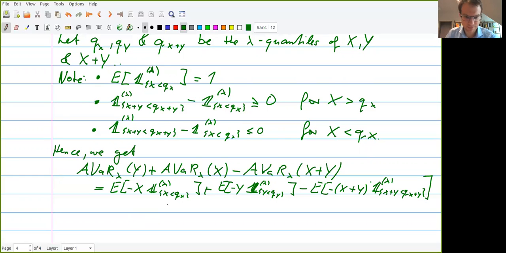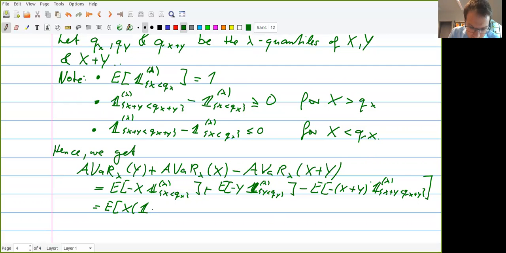Now we are almost done. We just want to use our identities we derived here. So that's nothing else than x times. We sort everything to have an x.